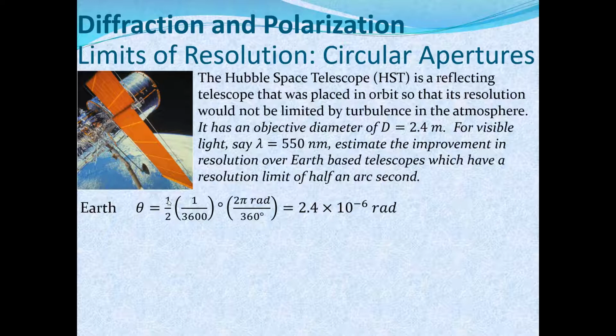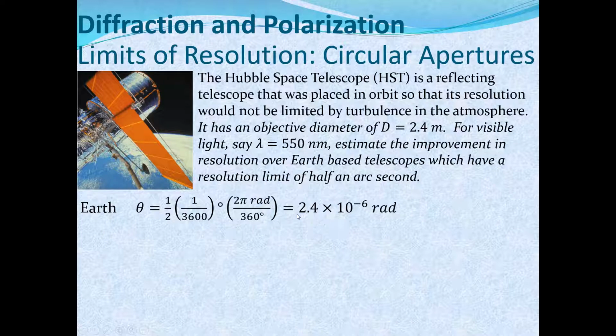One way of thinking about it is, think of the degree as being an hour. So 1 degree is 1 hour. So divide it by 60, divide it by 60 again to go from minutes to seconds, and that's how you get arc seconds. So half an arc second, and then converting it into radians, we end up getting this.